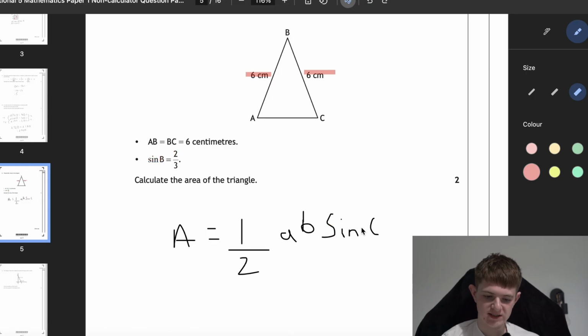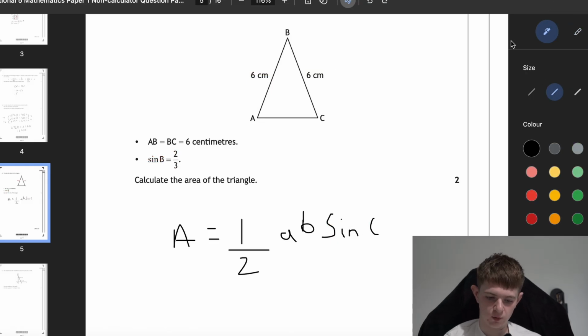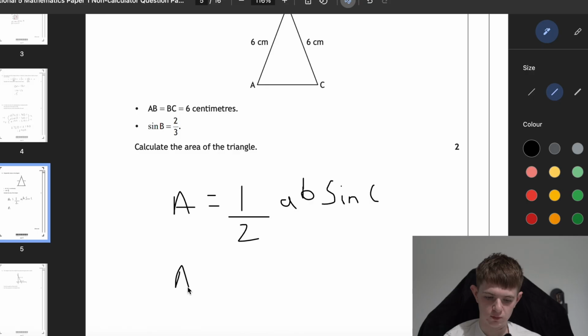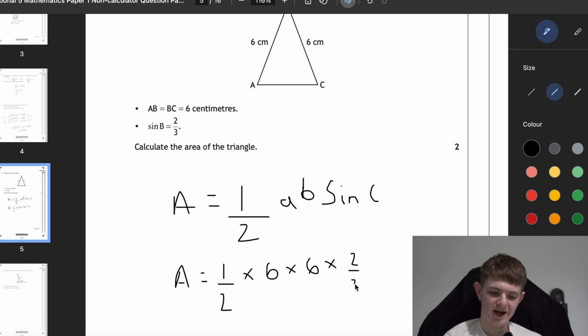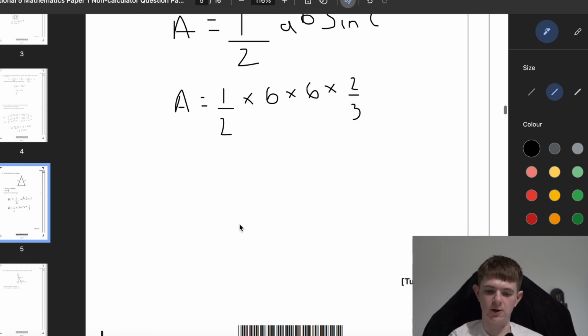So let's sub in everything that we know. So area equals half times 6 times 6 times 2 over 3. How I always do this, I find a half and I find 2/3 of either number.